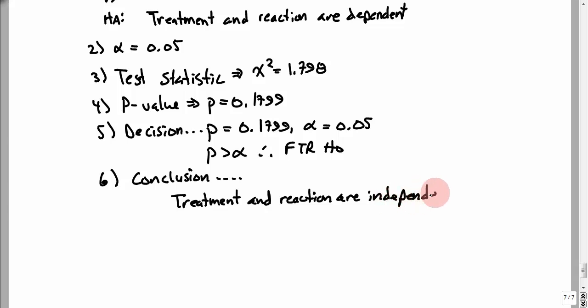So that means if I have a placebo, that doesn't necessarily mean I'll get a headache or not a headache, or vice versa. I can't use anything to try and guess at what the outcome will be, because they're independent of each other. So that's definitely a 2x2 contingency table. This is specifically the chi-square test. So that's number 12. Let's go ahead and look at 13, which is another contingency table.